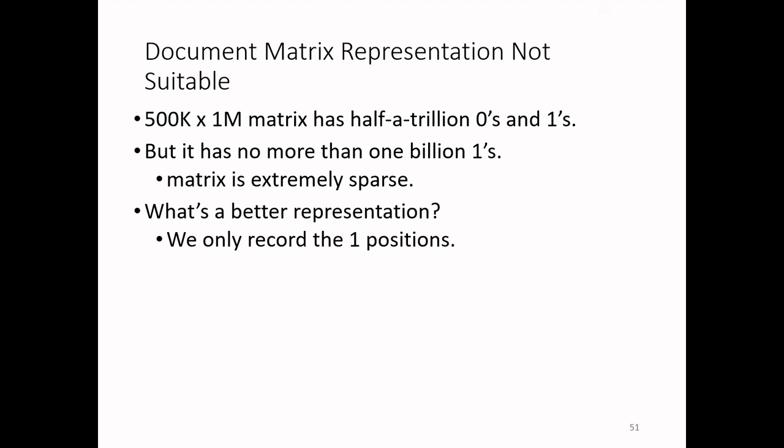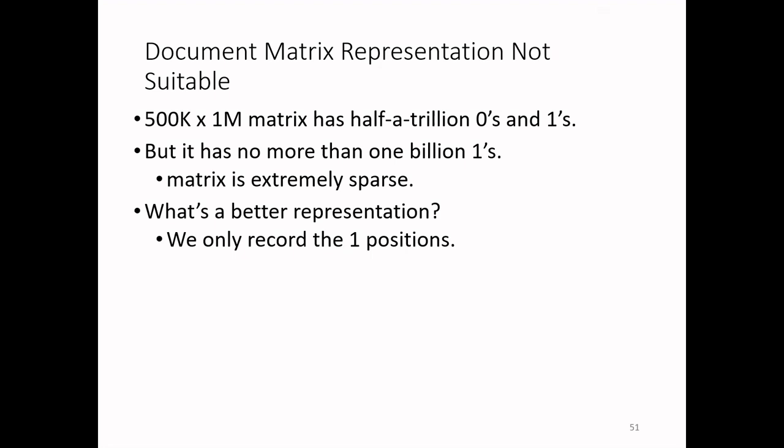So in that case, if you were to follow the term document matrix representation, which I mentioned earlier in the last lecture, that's not going to be a very good representation, because you will end up with a 500K times 1 million size matrix. And that matrix is going to have 500 billion zeros and ones, because it's going to be a very sparse matrix.